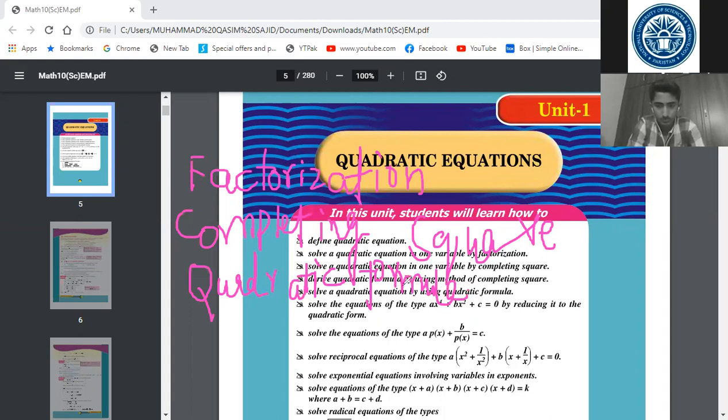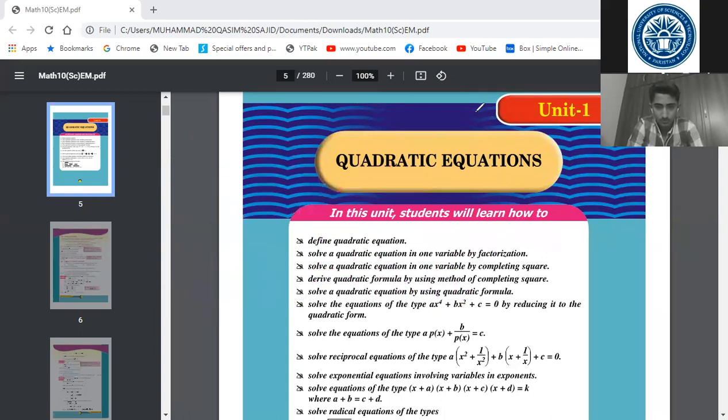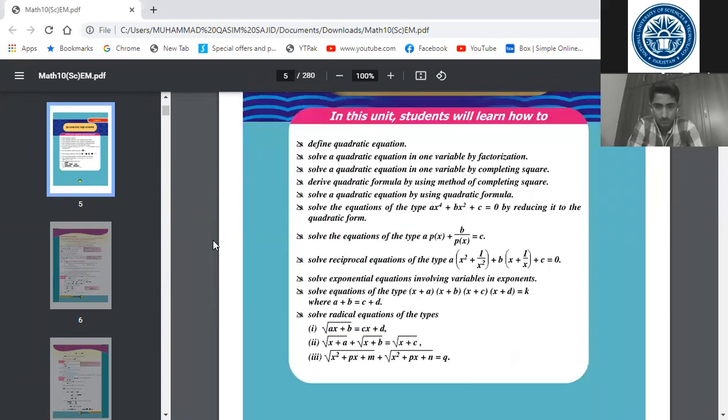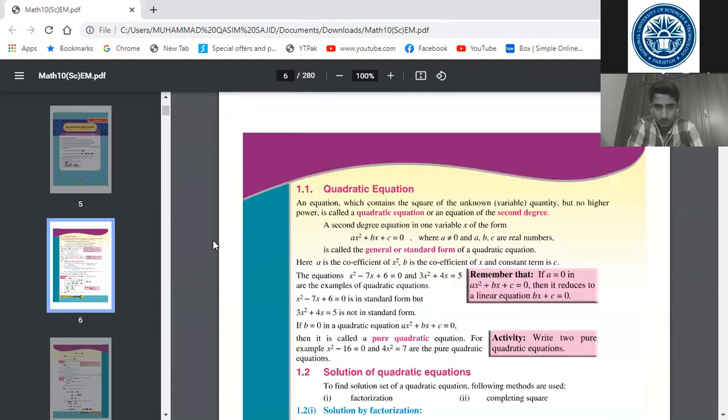So first we have to deal with factorization, what factorization is and how to solve using it, then completing the square, and later the quadratic formula. This will be the general preface of this chapter. So what is a quadratic equation?